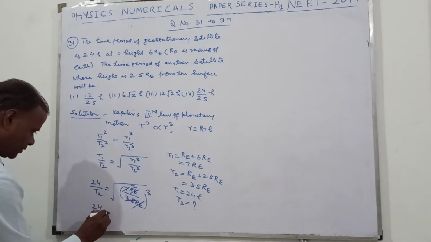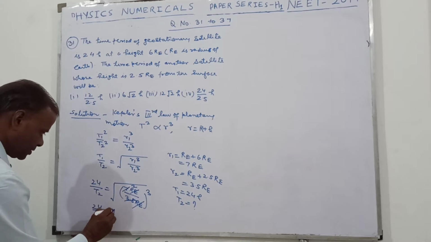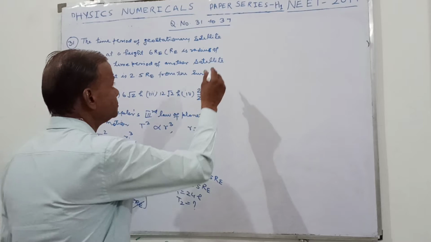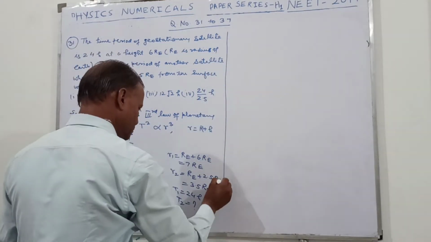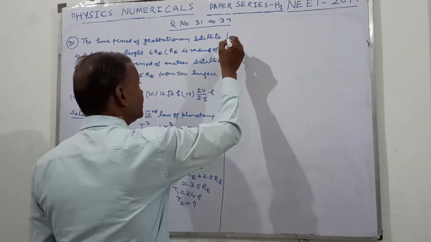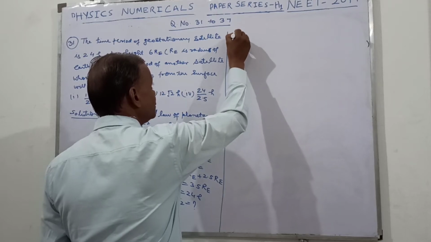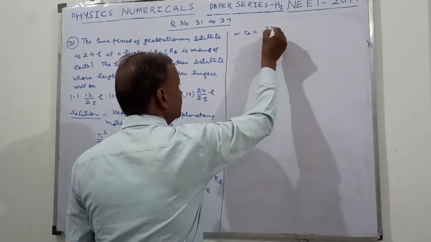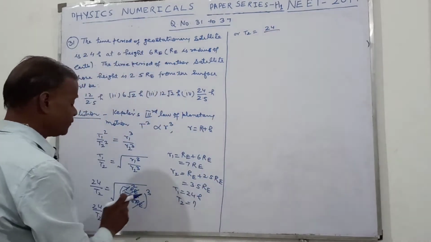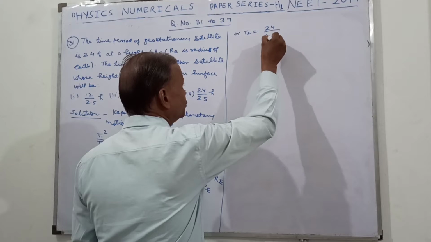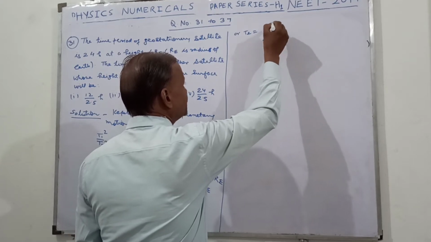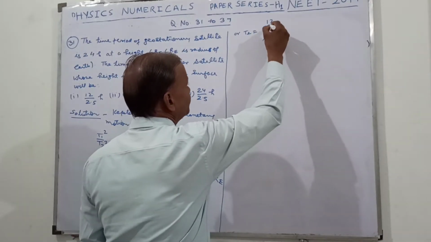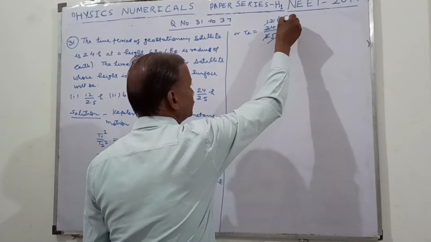24 upon T2 equals square root of 2 cube, which is 8. So T2 equals 24 upon the square root of 8, which means 2 root 2. This will cancel by 6, giving 12 upon root 2, and then it becomes 6 root 2.